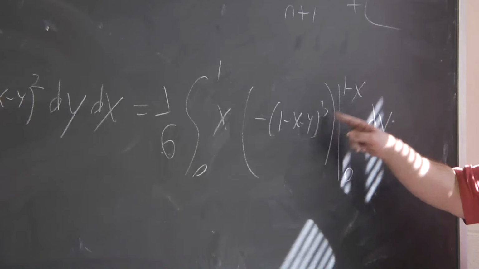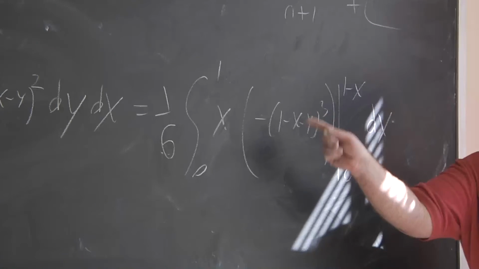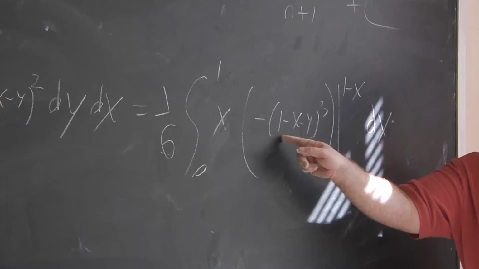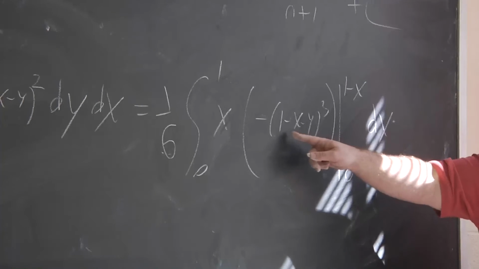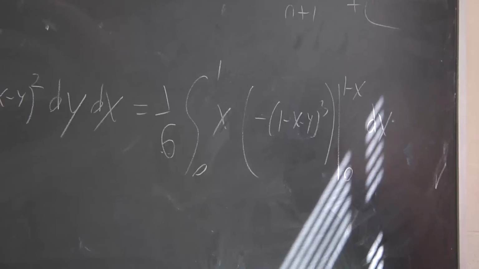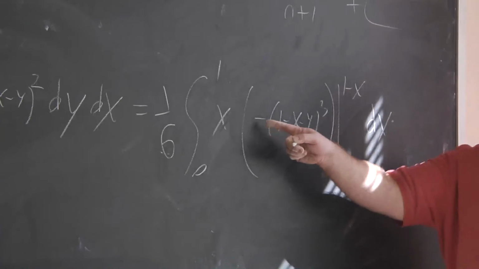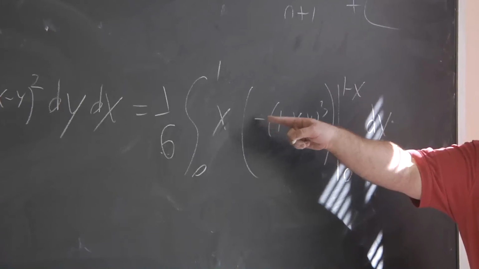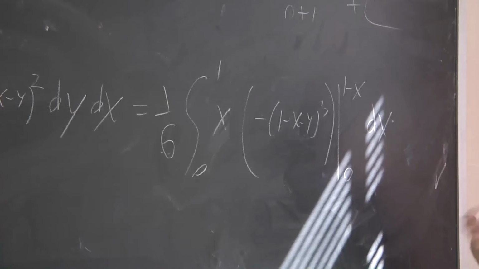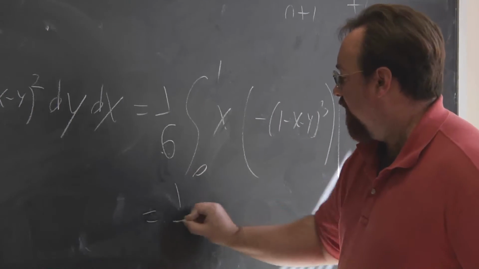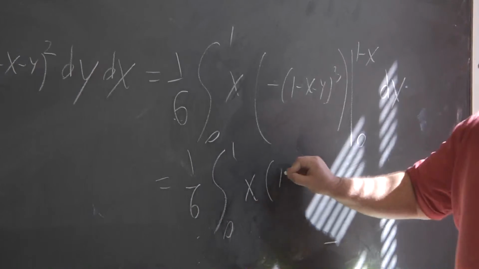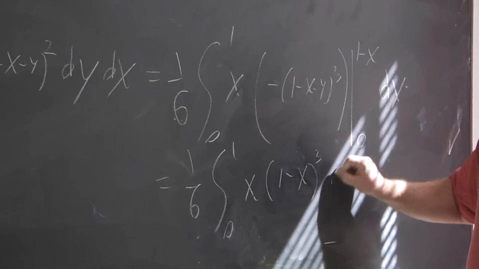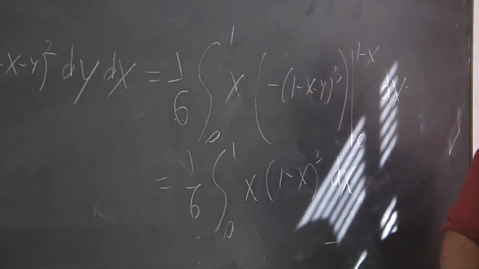But when we plug in y equal 1 minus x, everything here is going to go away. It's going to cancel with this 1 minus x. When we plug in 0, we're just going to get 1 minus x. And because of the lower limit, that's being subtracted, this minus will be turned positive. So we get 1/6, integral from 0 to 1, x times 1 minus x cubed dx.